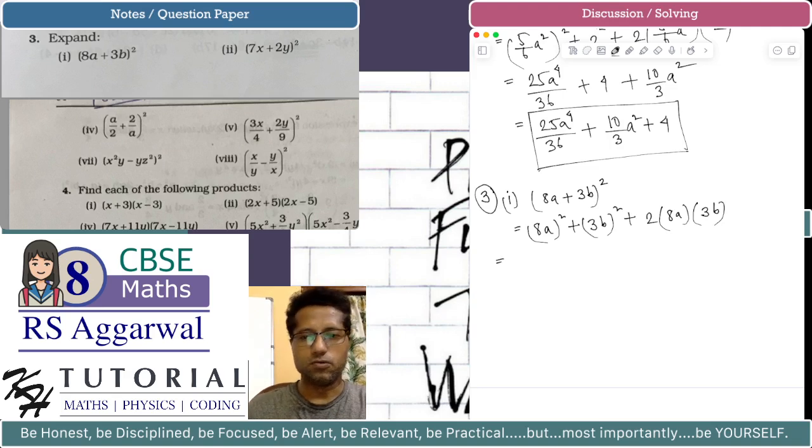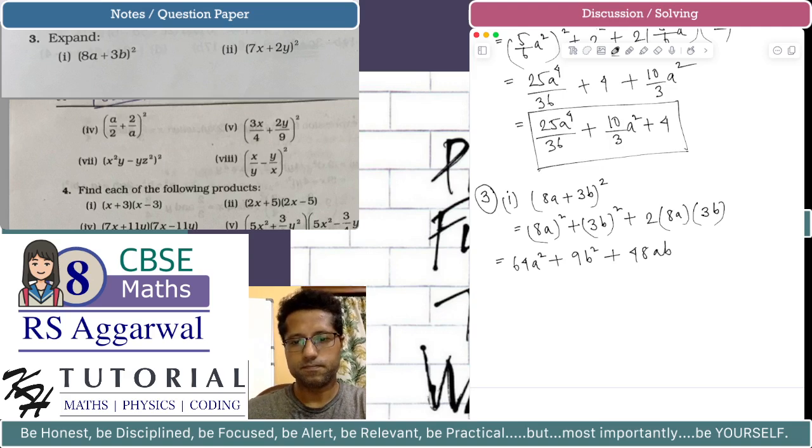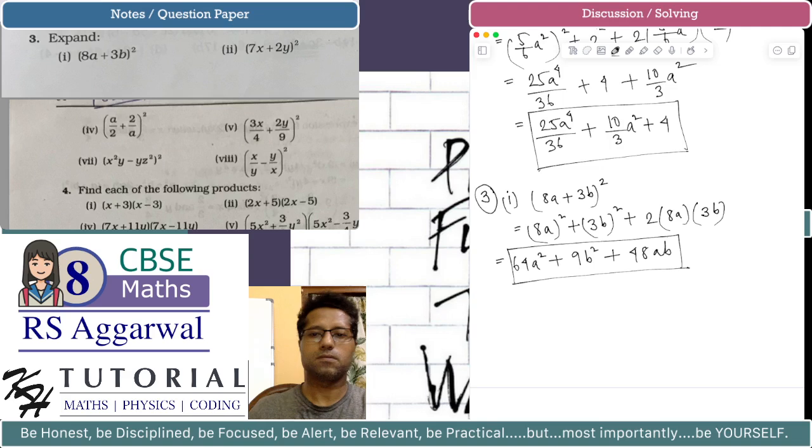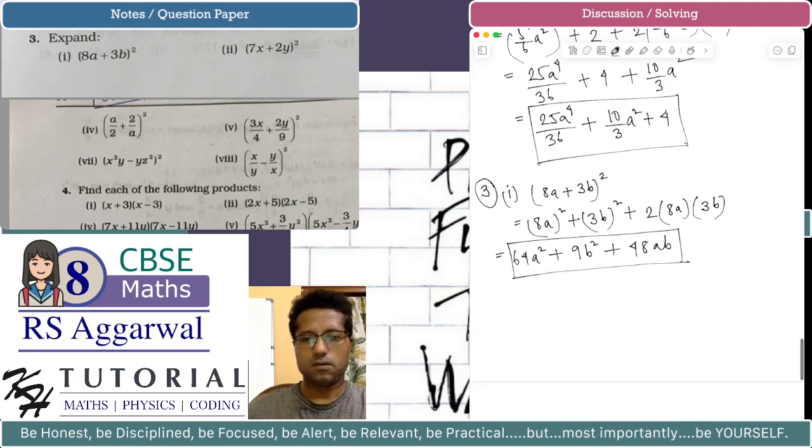So this is equal to 8a square is 64a square plus 9b square and plus 48ab.